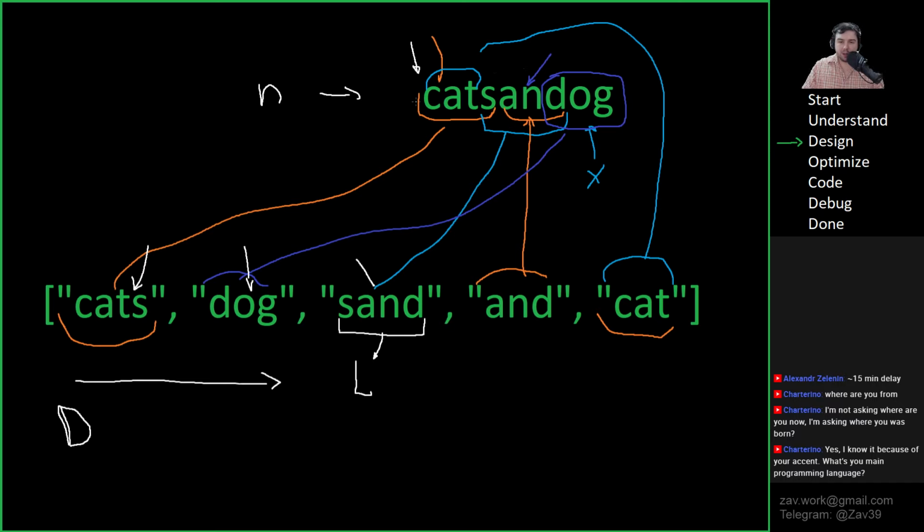For example, if we have the word "cat" and "ts", and we have the word "cats" as one word, and for example we also have "cat" and the word just one letter "s", all of them lead to the same position, so we don't need to calculate this and start with "s" with different approaches. We need only one approach from this position. We know that we can make this word, and that's enough for us.